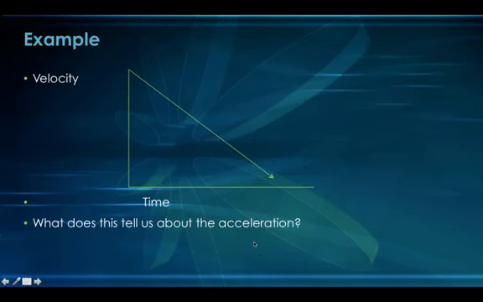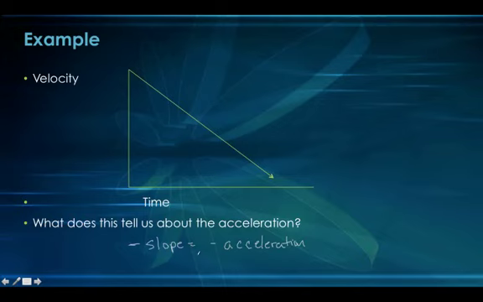All right, so this one, the line is going down. So from this, I can tell that I have a negative slope. Since I have a negative slope, I have a negative acceleration. I also know that I have a linear line here.